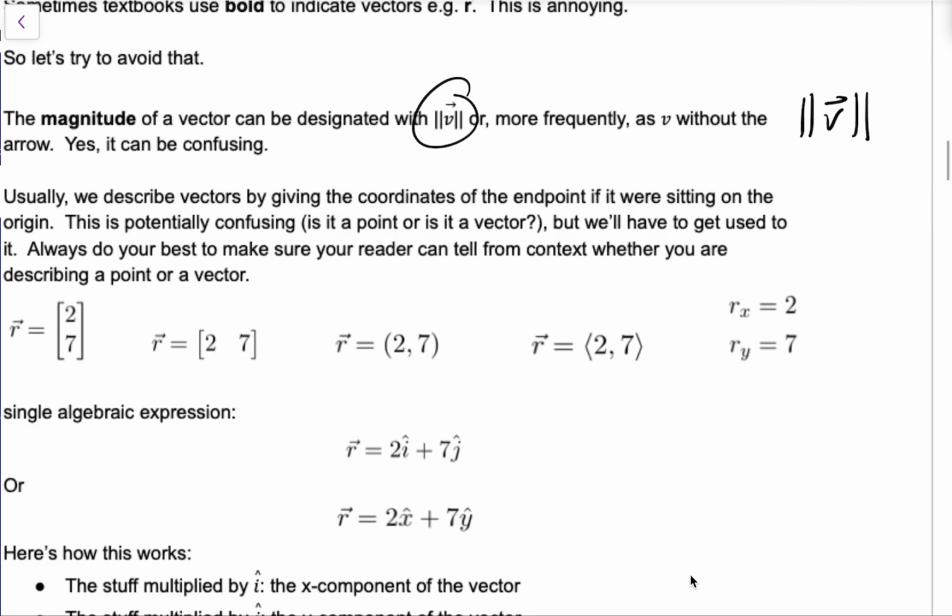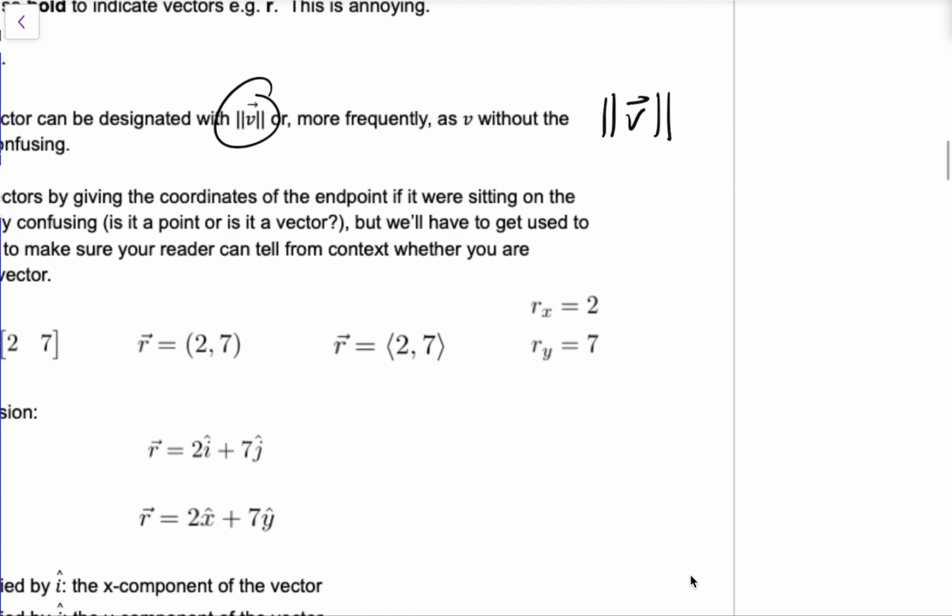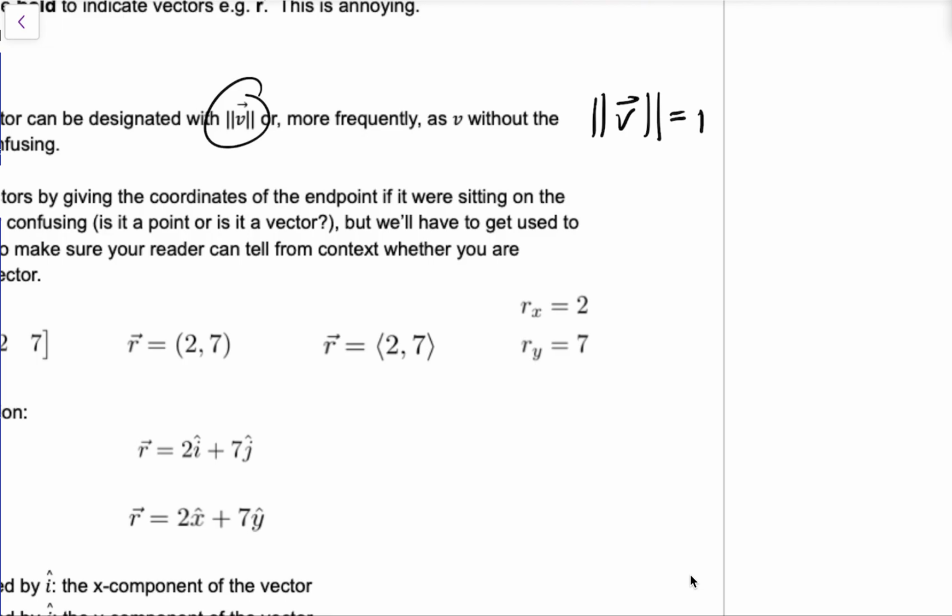Even more commonly, I will simply write the magnitude of the vector as simply V. You strip off the arrow on top, and that indicates that you're talking about the magnitude of that vector.